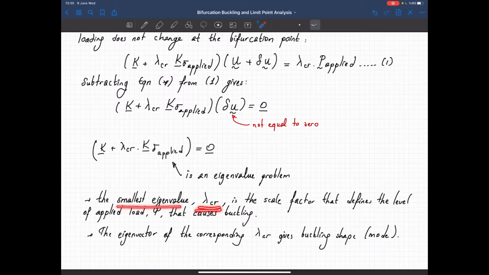The smallest eigenvalue will give you the scale factor. You multiply this scale factor with whatever loading you have on the system, and you get your buckling load, the load that causes buckling in your structure. And the corresponding eigenvector, if you plot it, you'll get your buckled shape. Now let's take a look at some examples and see how this works.